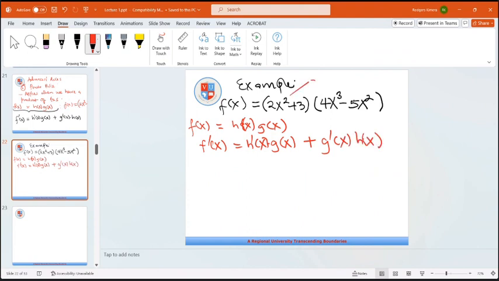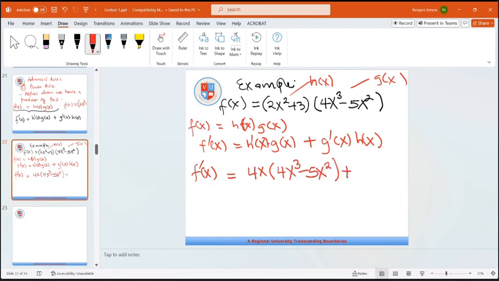So if we take this one to be h of x and this one to be d of x, we get f prime x equivalent to the derivative of the first function, which is 4x, into the second function, plus the derivative of the second function, which is 12x squared minus 10x, into the first function.